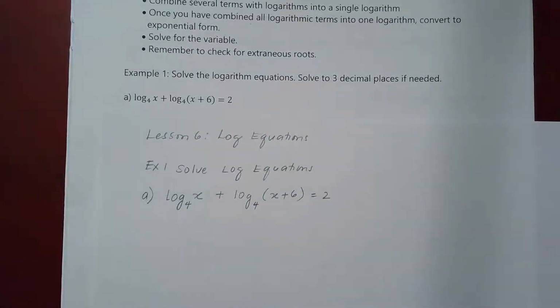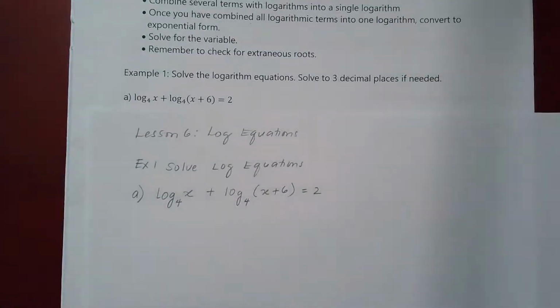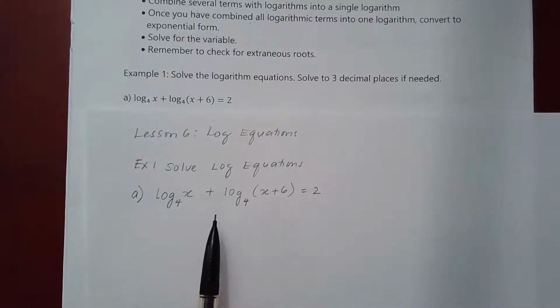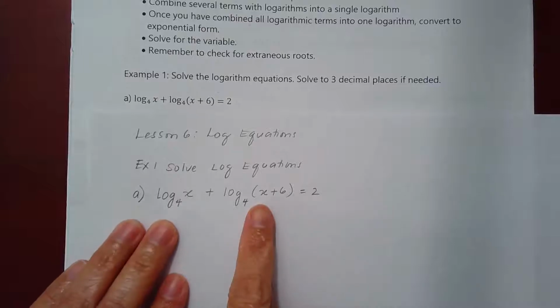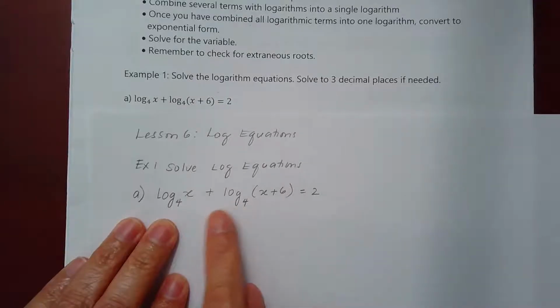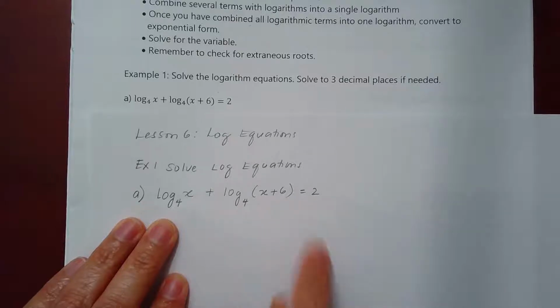Now, all the things that we've done so far in terms of logarithm rules or laws of logarithm, we will be using here. So in this particular case, log of x base 4 plus log of x plus 6 base 4 is equal to 2.